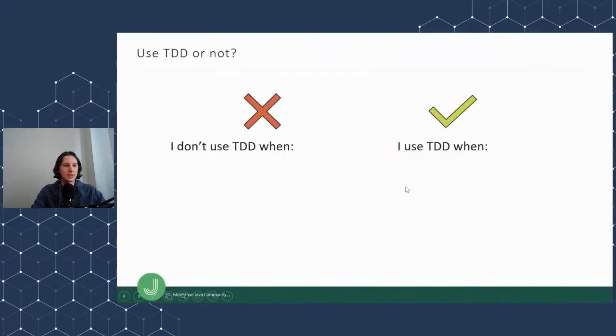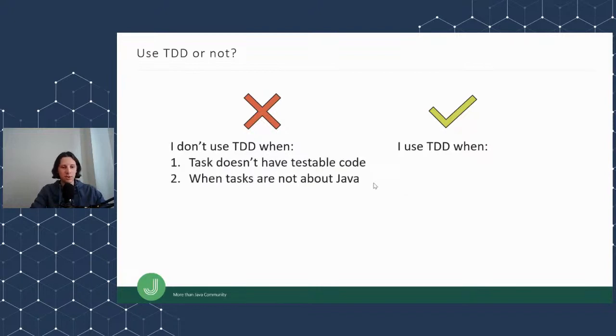Okay, and yeah, here is my personal opinion about TDD. I know that there are a lot of arguments about that. So some people very much like TDD, some people don't use it. And here is my opinion. I don't use TDD when first 2 points are pretty simple, when the task doesn't have testable code and when the tasks are not about Java.